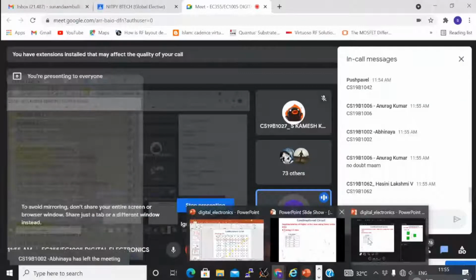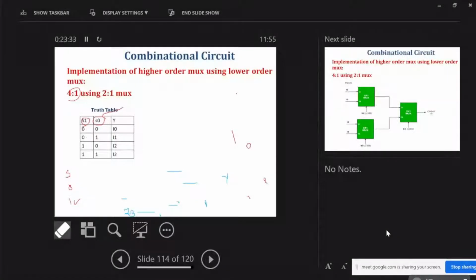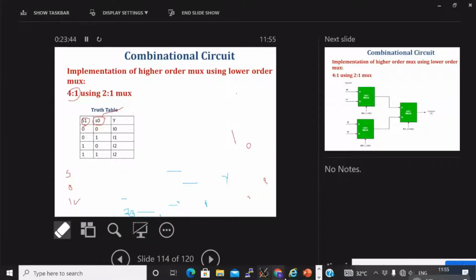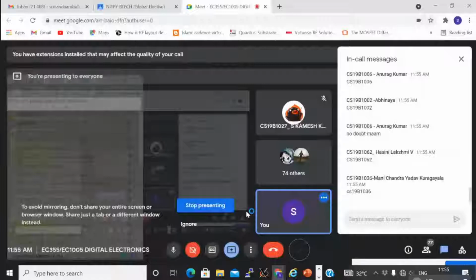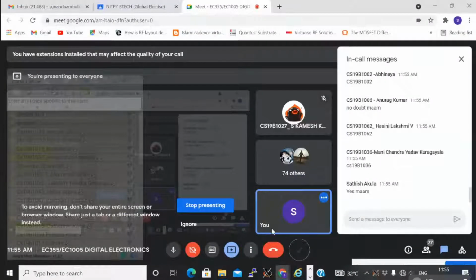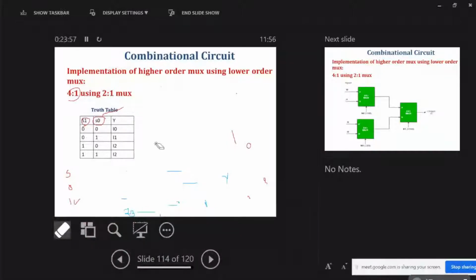You know what is happening here: how to design a higher order mux using lower order muxes. So it is clear to everyone how to implement a higher order mux using a lower order mux.